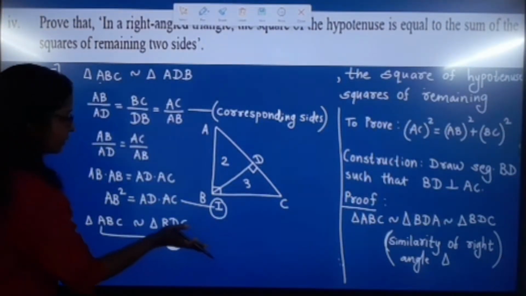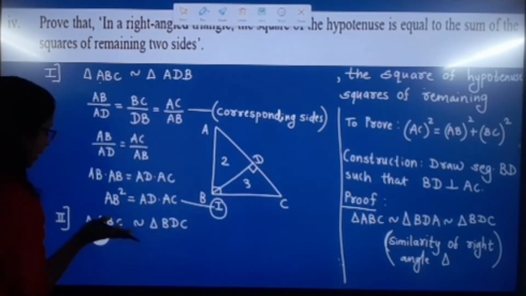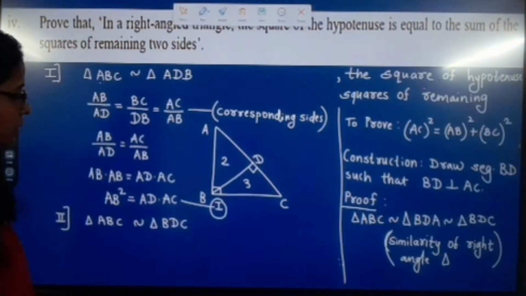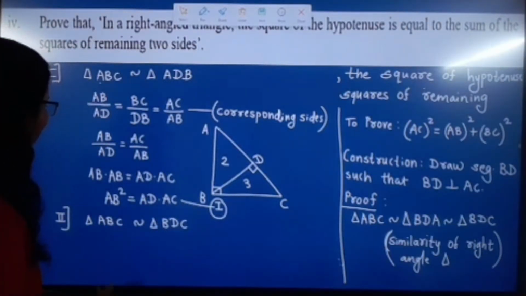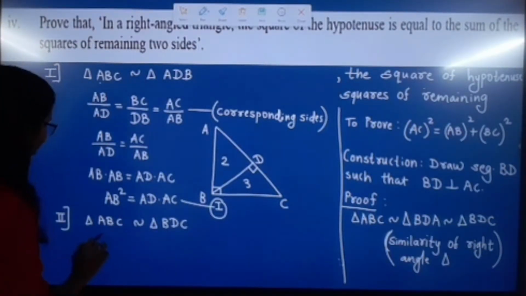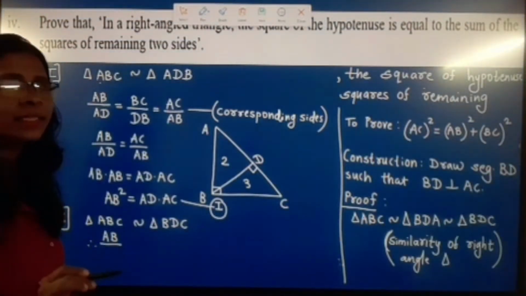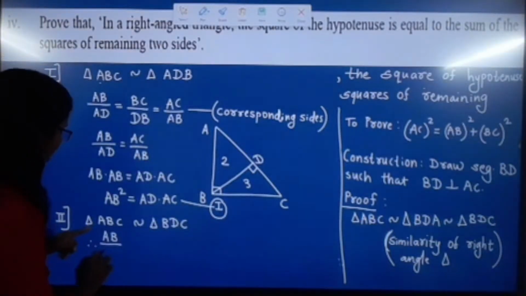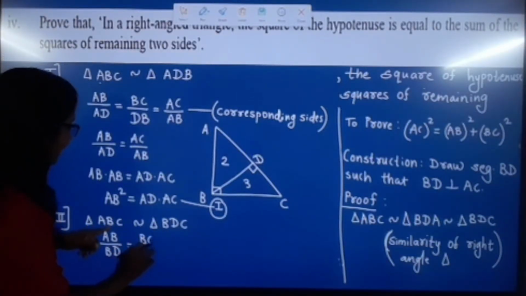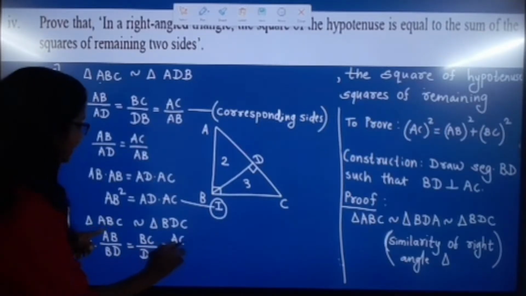So this is the correct corresponding parts, one to one correspondence. Therefore we say that the ratios of corresponding sides are equal. So AB upon BD is equal to BC upon DC is equal to AC upon BC.